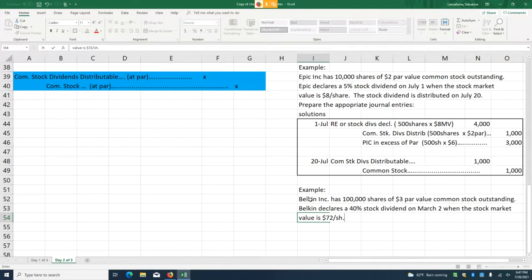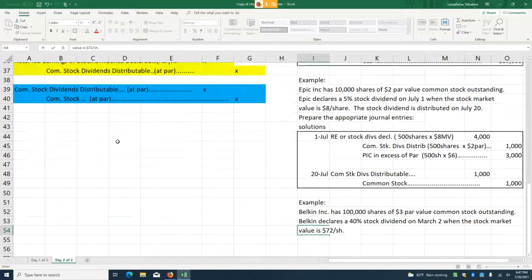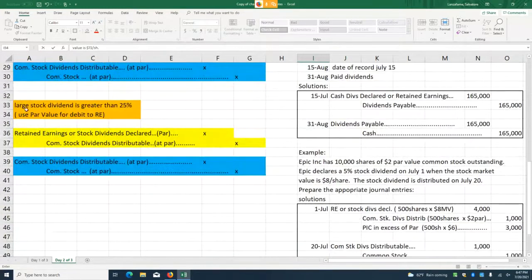It's actually a trick question. You do nothing with that 72 because this is a large stock dividend. Let me go back up to the notes.